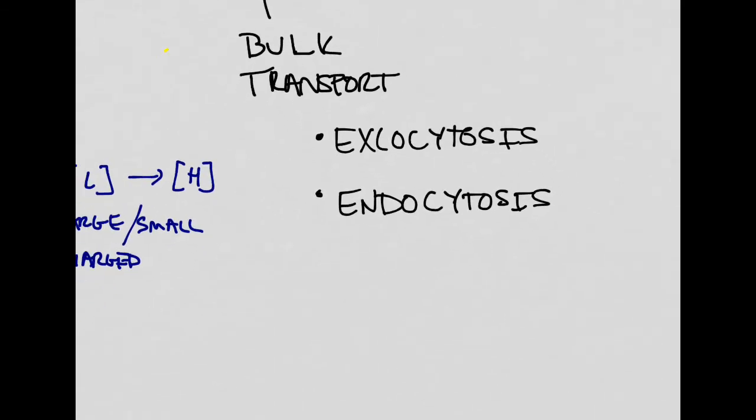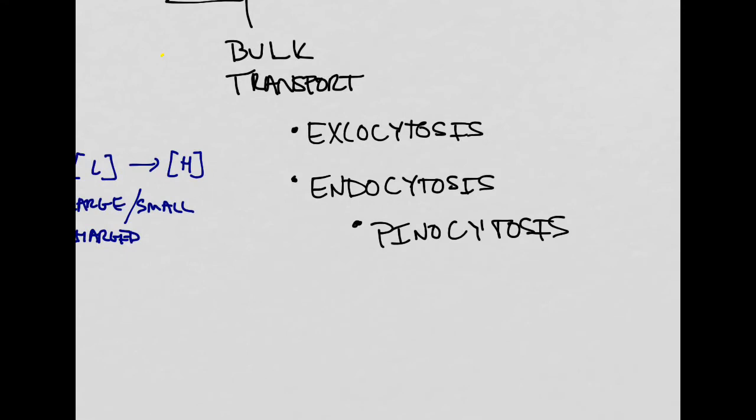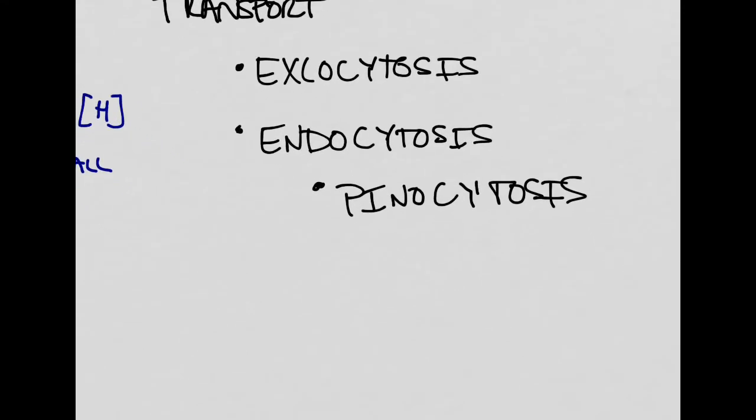And there are two types of endocytosis. There's pinocytosis, which is taking in small drinks. Pino, I think, means small in Latin. It's taking in small vesicles. And then phagocytosis, which is large things.